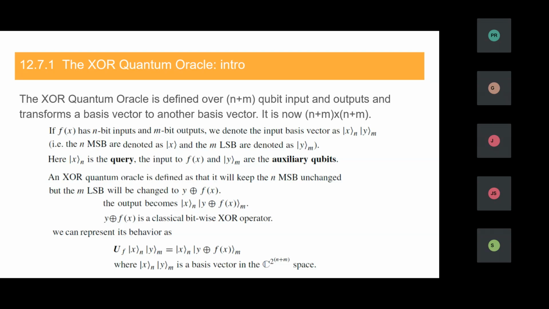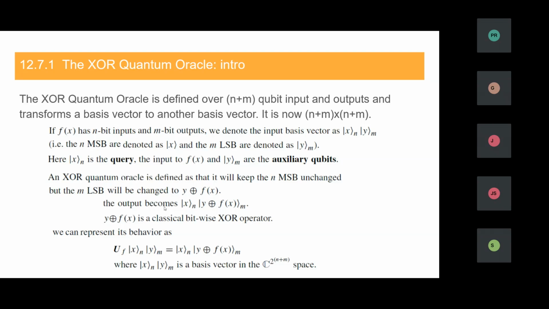We will try to see the behavior of each one of them. Once again, remember, how does this oracle work? If I have any input, the output will be y XOR with f of x. You're getting the point. That is basically the definition of how the oracle works.